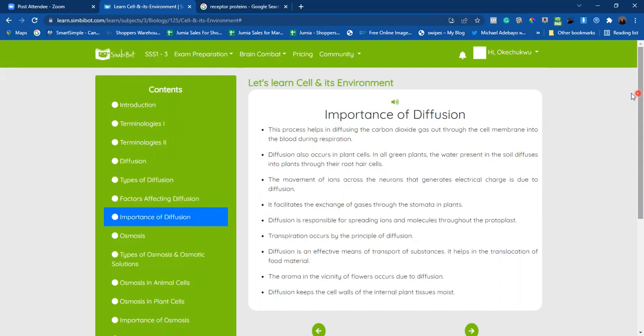So for humans, diffusion helps to take carbon dioxide out through the cell membrane into the blood during respiration.